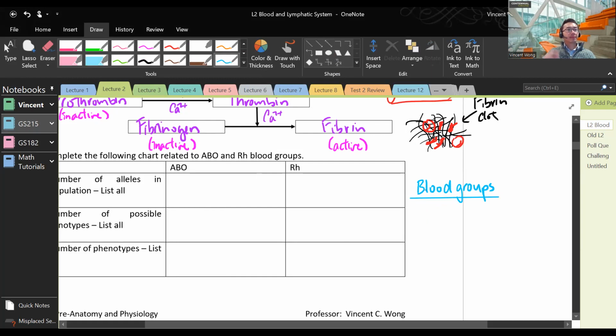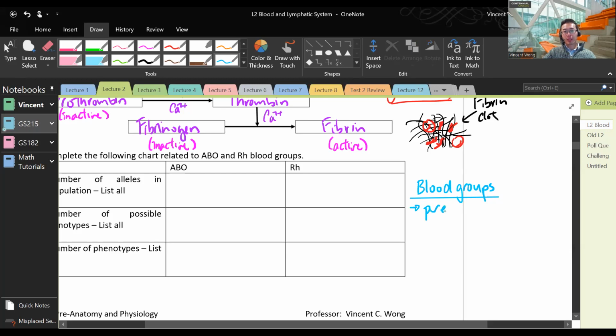Blood groups are the presence or absence of antigens on red blood cells and antibodies in blood plasma. Yeah, basically, thank you. That is in fact the exact definition I give in the PowerPoint.